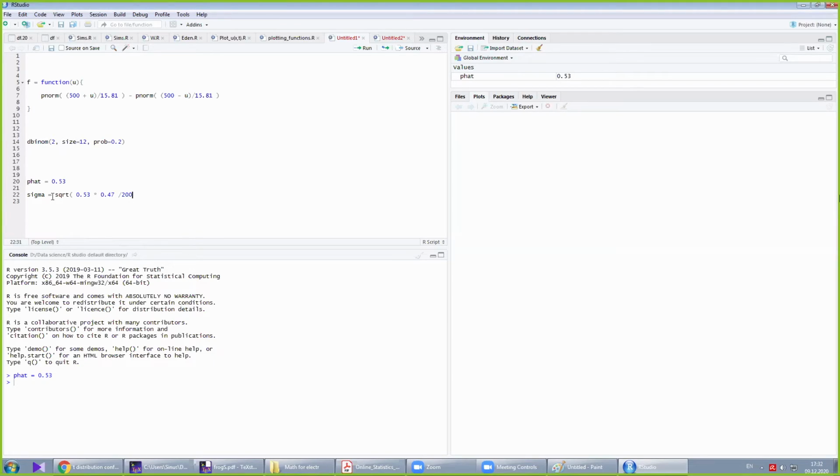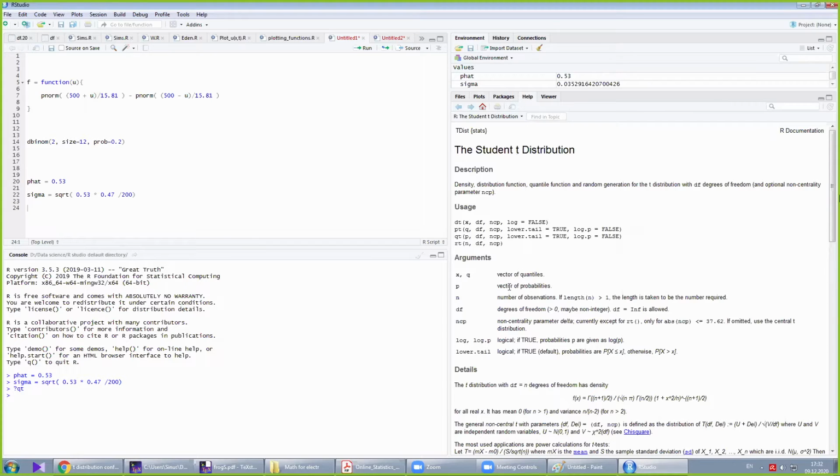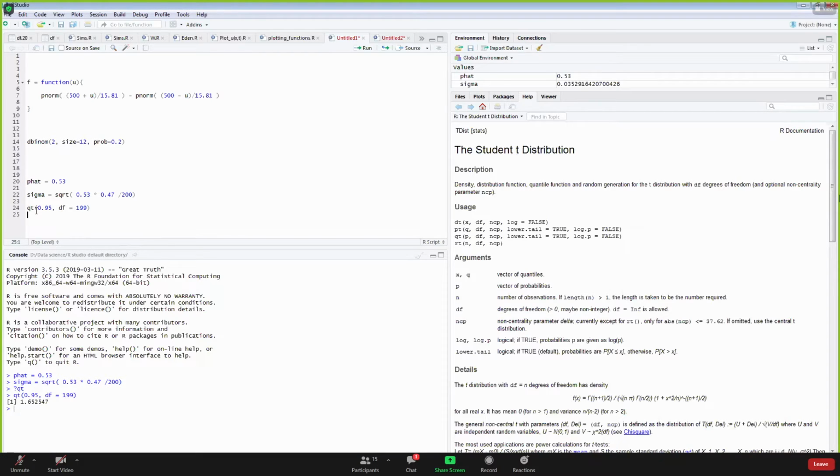That was our variance. And then the quantiles of the t distribution you can find as qt. In this case we need 0.95, and the degrees of freedom we're taking 199. Okay, this is our quantile.